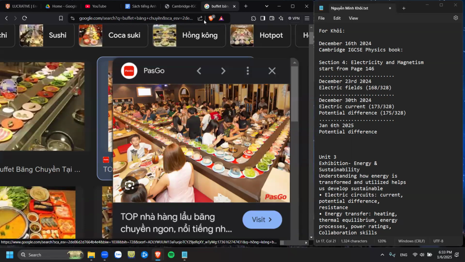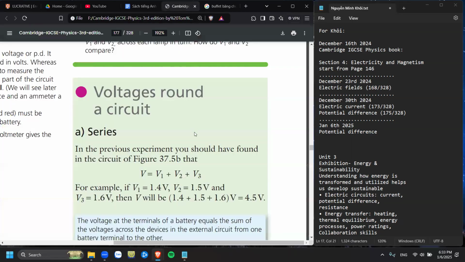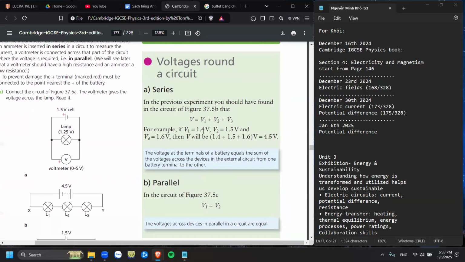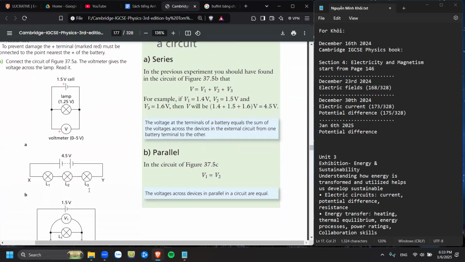I see. Right. Okay, let's come to this part: voltages around a circuit. Now, we were talking about series, right? This one, series.